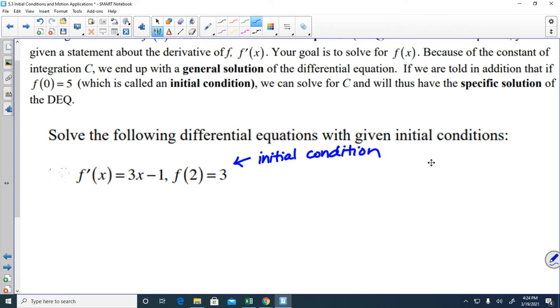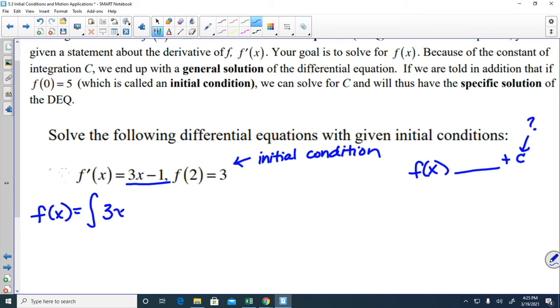So my goal is to write an equation for the original function and also figure out what that plus c is, so that I can have an entire equation. When I start this off, I'm given f prime. If I want to find f of x, I can say that f will be the indefinite integral of 3x minus 1, and then I need a dx to tell me to stop taking the indefinite integral.